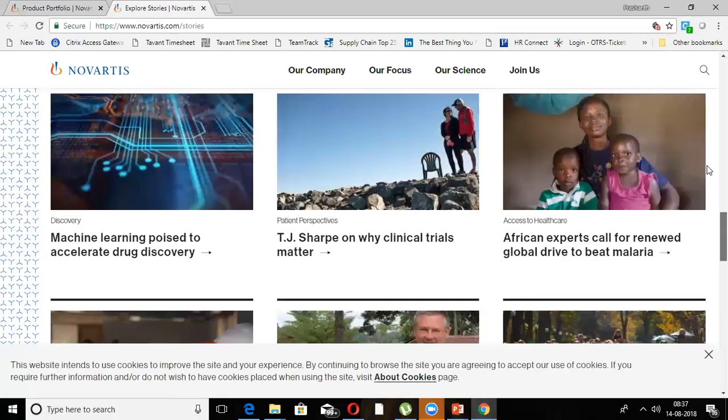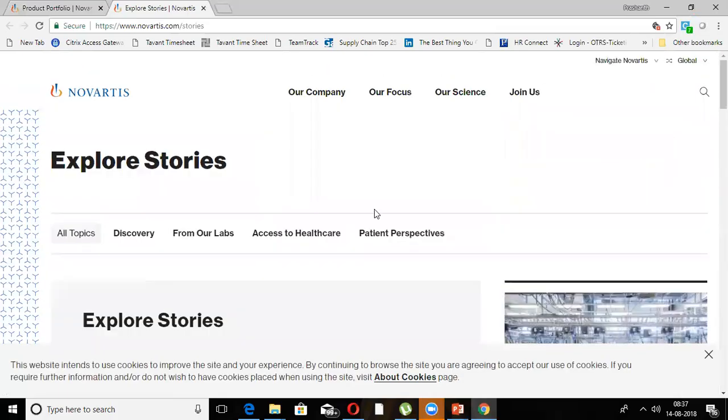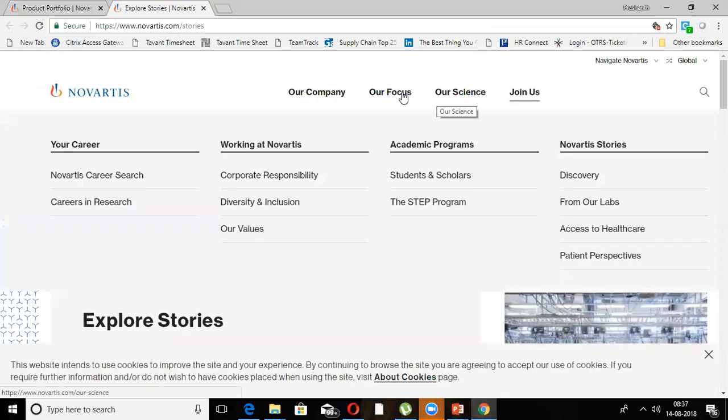There will be a lot of other stories, but you figure out, from our lab, you need to have a lab process. Then you need something on patient information. So like that, go a little deep, understand each one of these tabs, each one of this information.